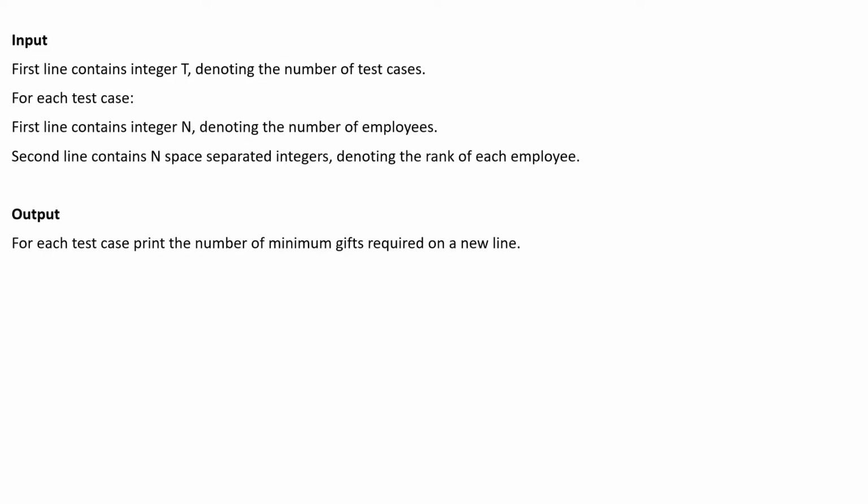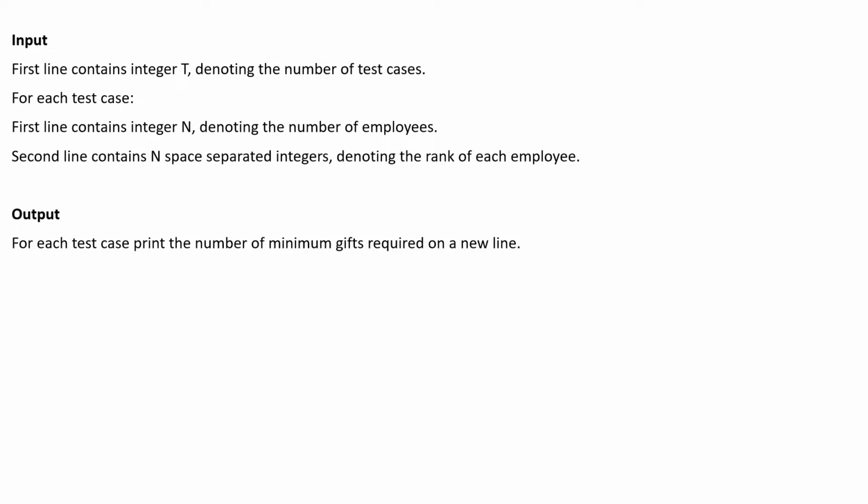Okay. Now see, the input we have to take from the user: the first line contains integer t denoting the number of test cases. Later on, for each test case, the first line contains integer n denoting the number of employees. The second line contains n space separated integers denoting the rank of each employee.